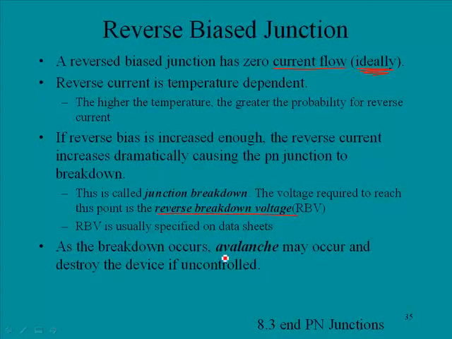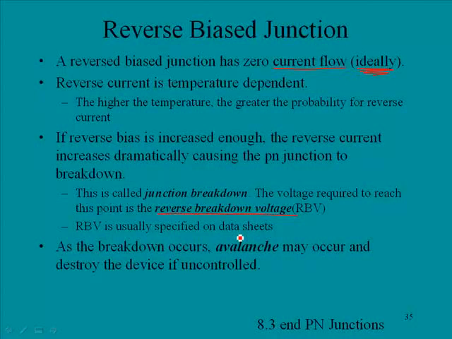Now, most PN junctions are designed to not operate in a reverse bias condition. There are a few devices like Zener diodes that actually do operate in reverse breakdown, but for most devices, if they go into junction breakdown, you're looking at destruction of the device.